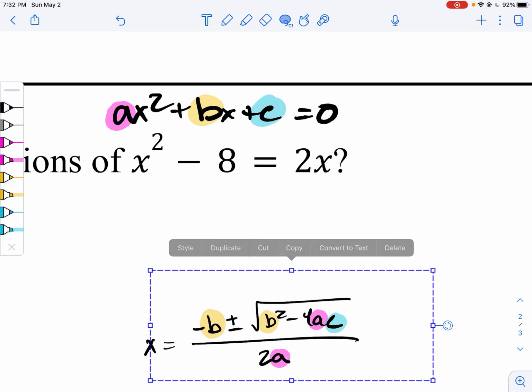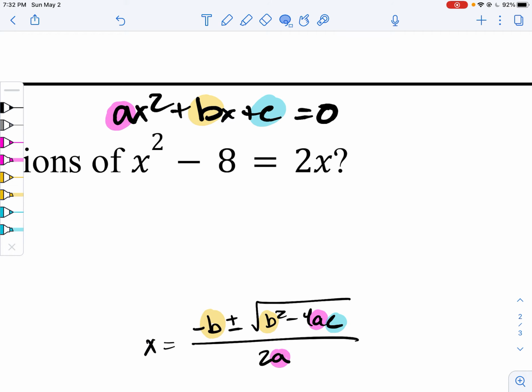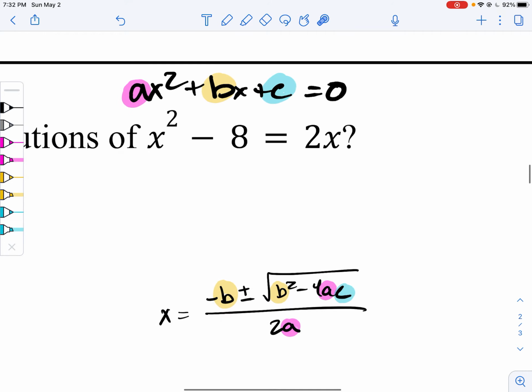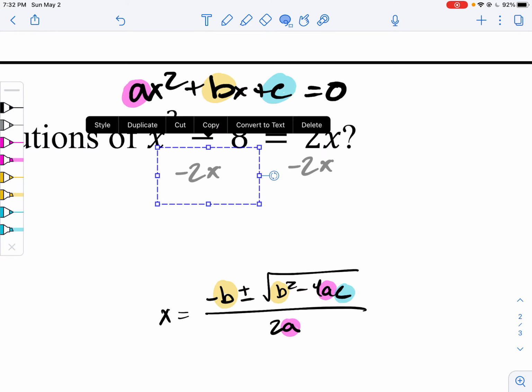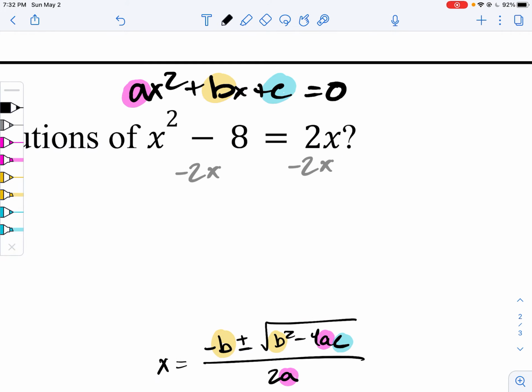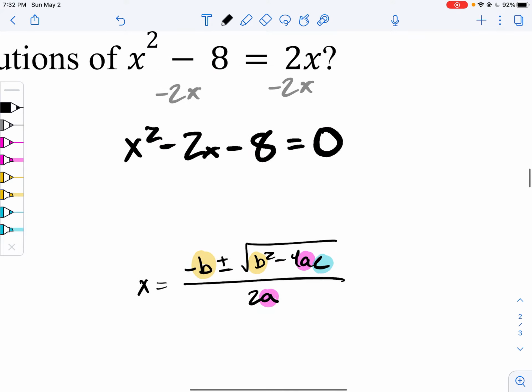Wrong. Because sometimes you don't have what you need, but you can go find it. I can make this look like this by subtracting 2x on both sides. Check me out. Okay, and that gives me x squared minus 2x minus 8 equals 0.